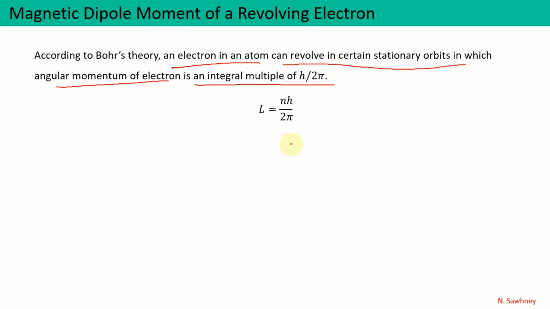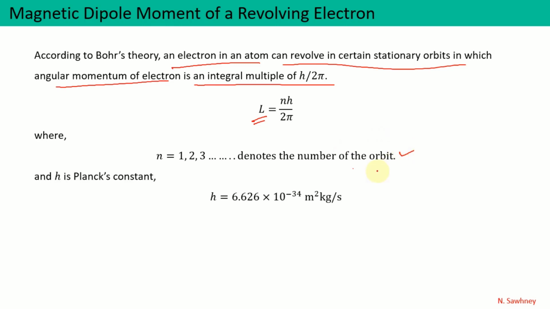So, let us put the angular momentum L equal to nh upon 2 pi, where n denotes the number of the orbit, that is first, second, third, or so on. And h is Planck's constant, and its value is 6.626 into 10 raised to the power minus 34 meter square kg per second.